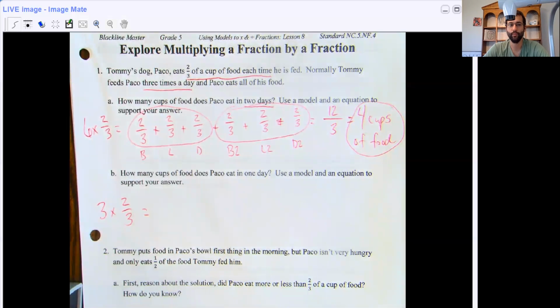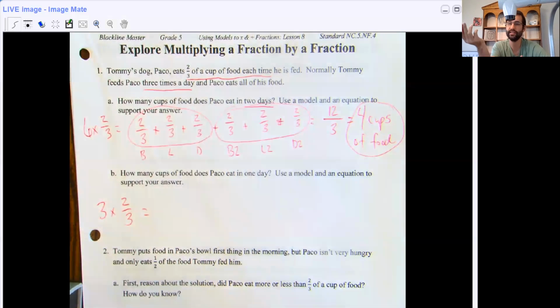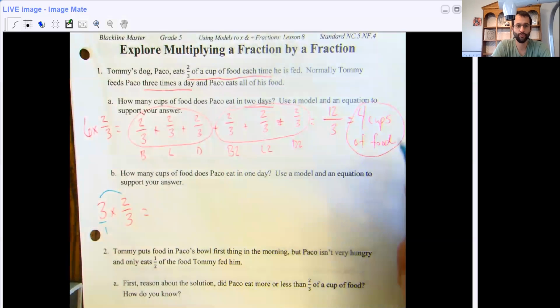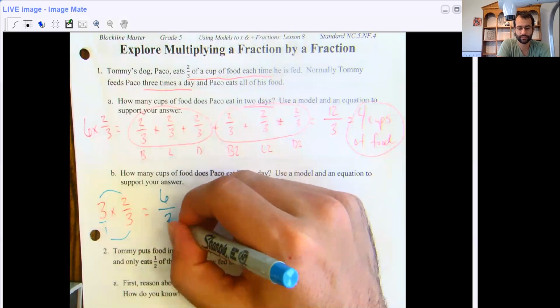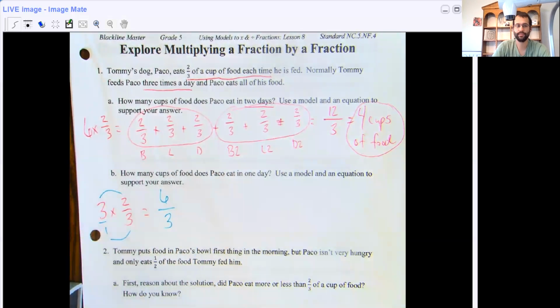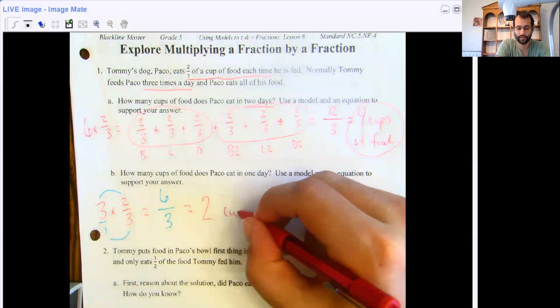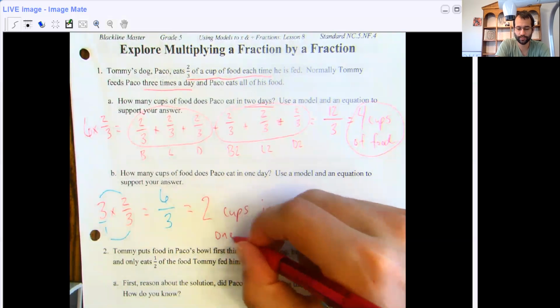Okay, so in 1 day, I can do the same thing, repeated addition, or I'm going to try a different method just to show you. I'm going to put my 1 underneath and do my 3 times 2 is 6, and my 1 times 3 is 3. How many times can 3 go into 6? 3, 6, 2 times. 2 cups in 1 day.